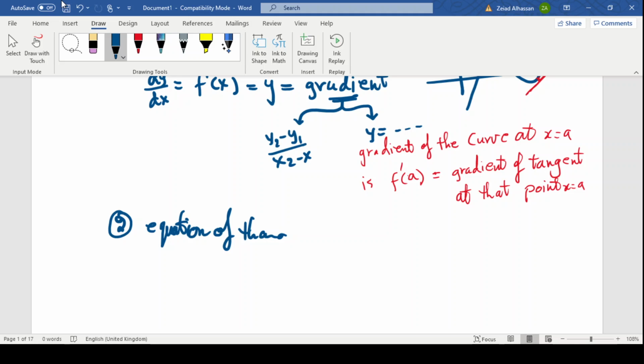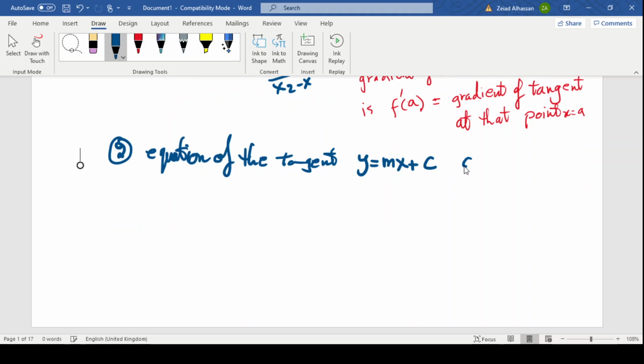It's either y equals mx plus c, you may use it, or we can use what is written in the book, y minus y1 equals gradient times (x minus x1). They are the same, but there are different forms to write down the equation of the line. Where m is the gradient, meaning it's the differentiation of the curve at that point, at x equals some a, for example.